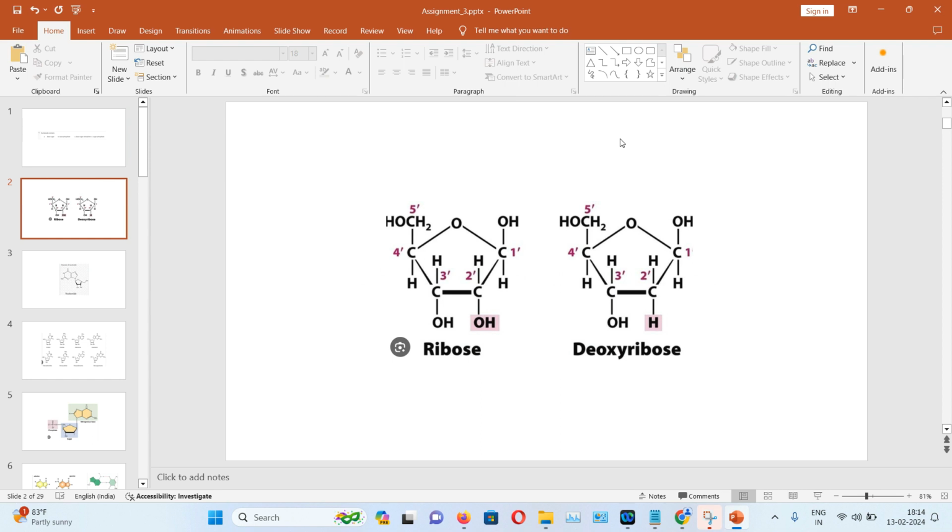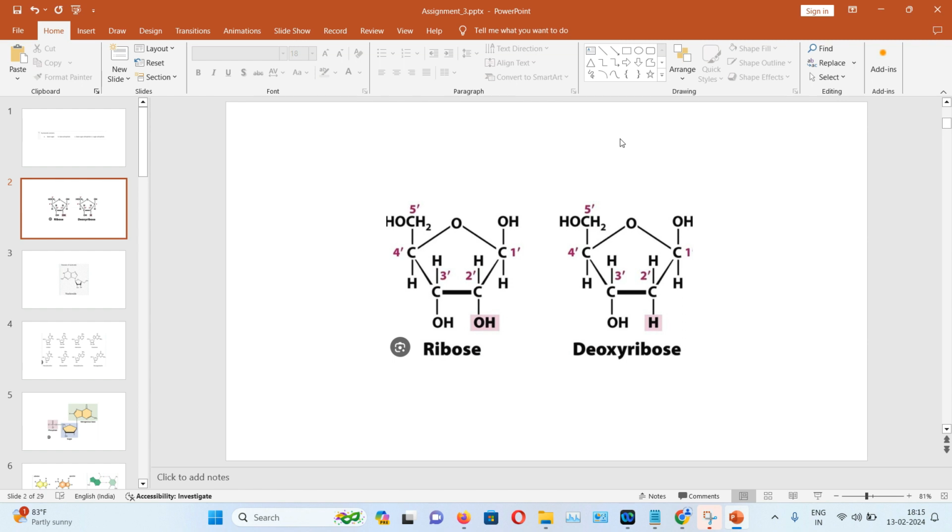What is the difference between ribose sugar and deoxyribose sugar? In the case of a ribose sugar, the second position carbon atom is bound to the ring-like structure by C-C bonds, and the other two valencies are filled by one H and one OH group.